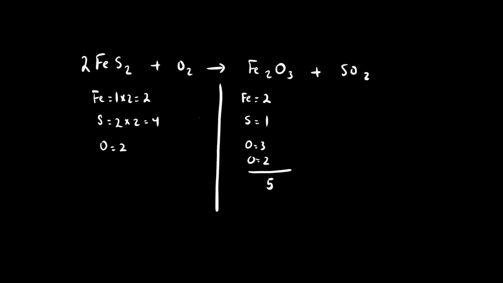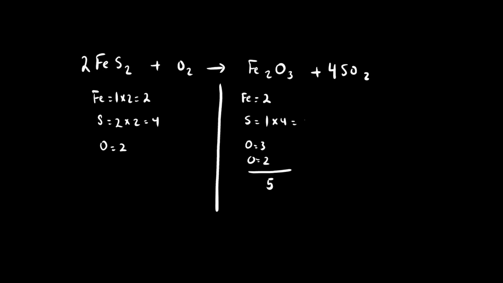Now let's go ahead and balance the sulfur. We have 4 sulfur on the left, 1 on the right. Least common multiple of the 2 is 4, so we need a coefficient of 4 in front of the sulfur dioxide.